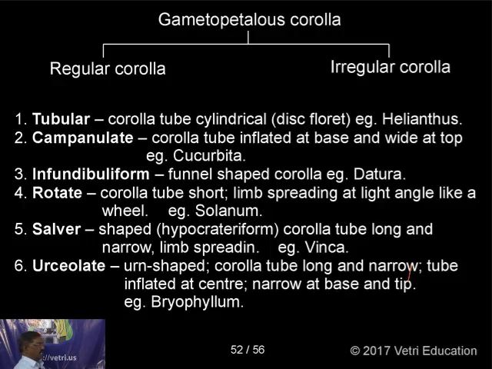And rotate, a small wheel-like structure, wheel-like flowers like Solanum, and salver shaped or hypocrateriform, corolla tube is long and limbs spread, just like Vinca. And urceolate, pot shaped or urn shaped, tube long and narrow, inflated at the center, narrow at the base and tip. Bryophyllum. These 6 you can see one by one.